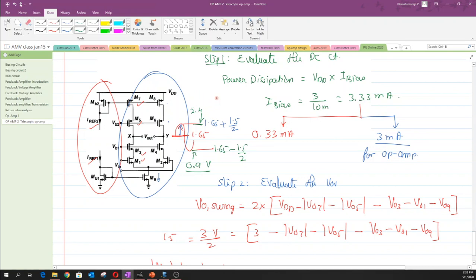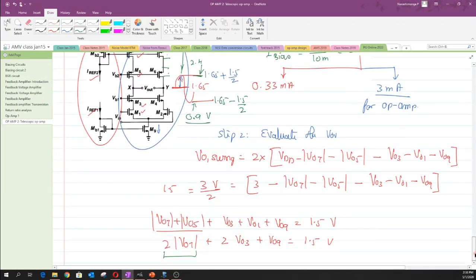This is happening at 2.4, and the maximum swing that we have is equal to VDD, which is equal to 3 volt. So the difference between this topmost swing and this value of VDD is dedicated as the VOVs for both these transistors, and those VOVs have to sum up to 3 minus 2.4, which is equal to 0.6.